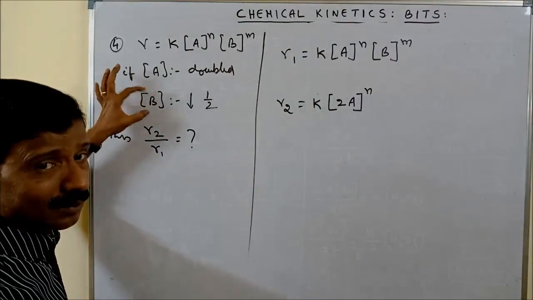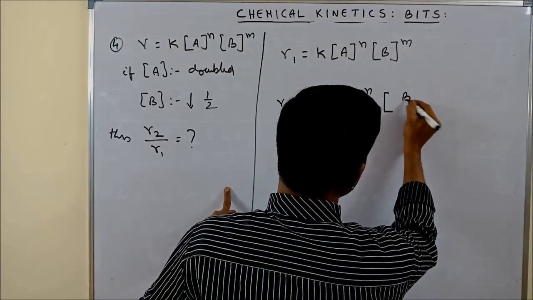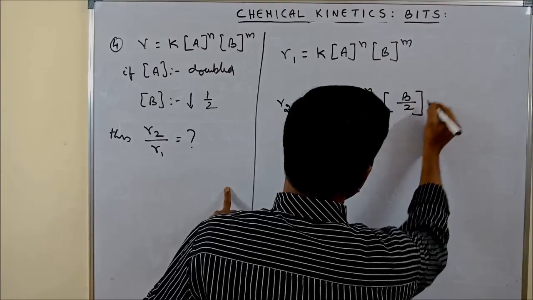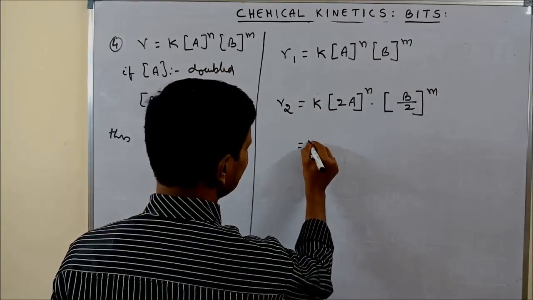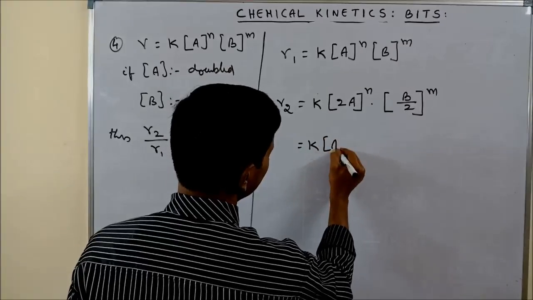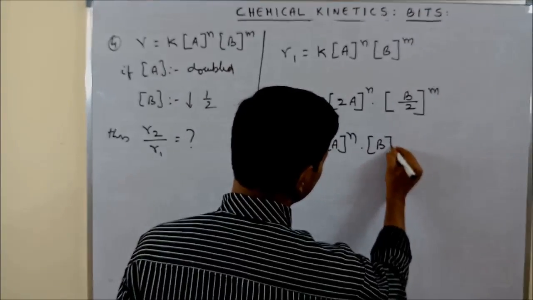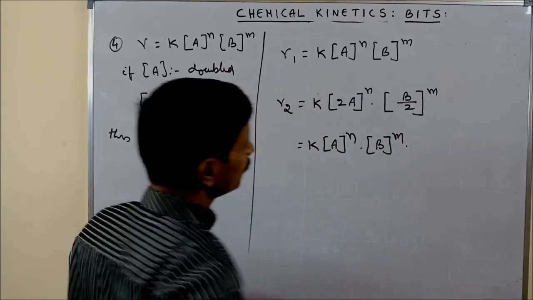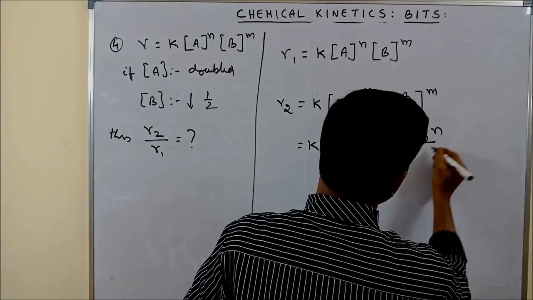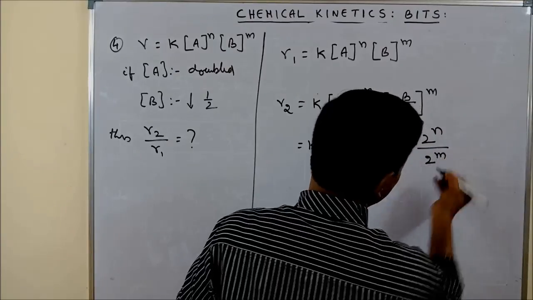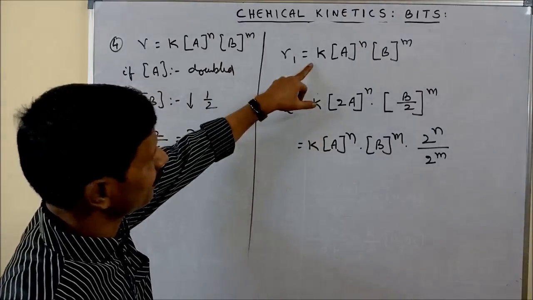And here concentration of B was reduced to half, means into B by 2 power M. So now if you simplify this, it will become K into A power N into B power M into 2 power N by 2 power M. So now if you observe this, it is nothing but R1.